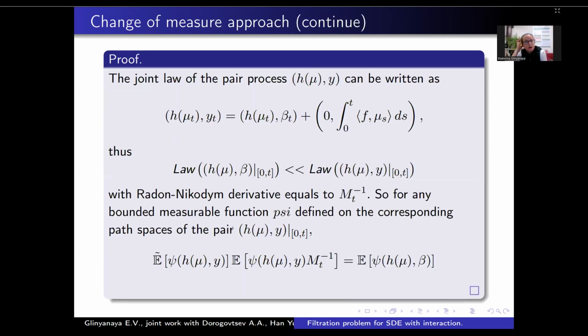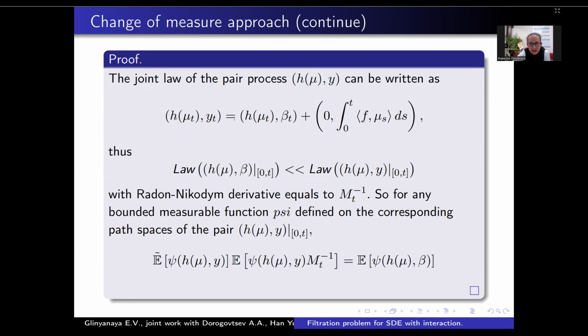But to see the second part, which says that now mu t will be independent of the process y itself, if I consider just a function of the measure mu, then the law of the pair of processes can be written like this.